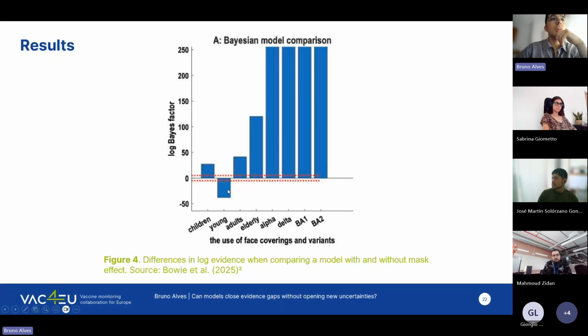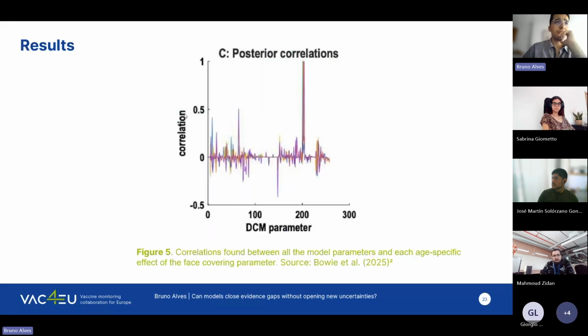For the younger adults, the model that assumes the masks did nothing shows stronger evidence than the model that assumes there was an effect by the use of masks. So it means this effect was very trivial on this age group. For the other three age groups, it suggests there is an effect because of the use of masks.